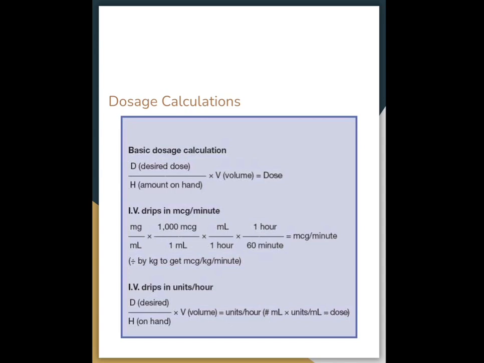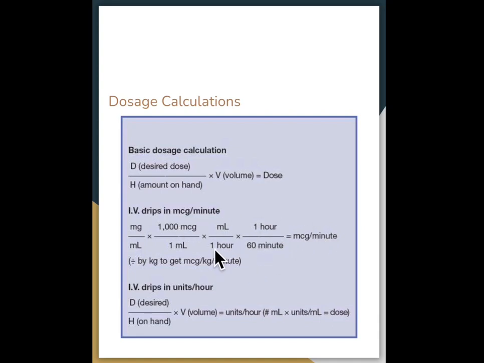Whether it's Cardinal or System Q, no matter the brand of IV pump, you will be administering your medications in milliliters per hour.